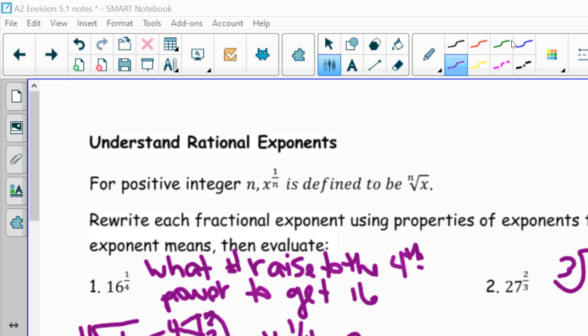If I square the number, then take the cubed root of it, or if I take the cubed root and then square it. So I do the cubed root. Okay, what's the cubed root of 27? What number can I multiply by itself 3 times to get 27? That's 3. So this is 3, and then I square that. So 3 squared is 9. So my answer is 9. So 27 to the 2/3 power is equal to 9.